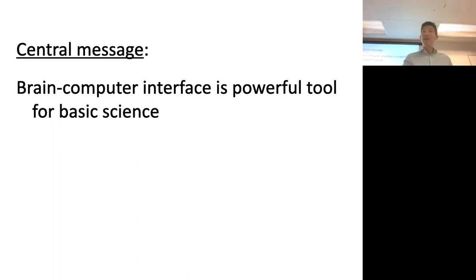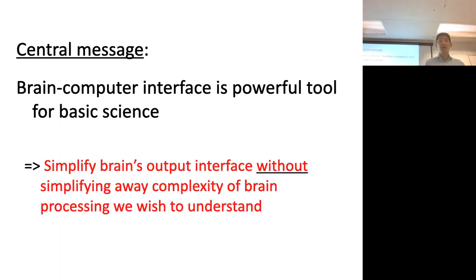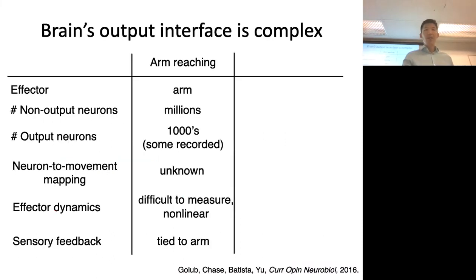Okay, and why might this be? Well, a brain-computer interface simplifies the output interface of the brain without hopefully simplifying away the complexities of brain processing that we seek to understand. Okay, so for example, let's take arm reaching. So the output interface, or the effector here, is the arm.